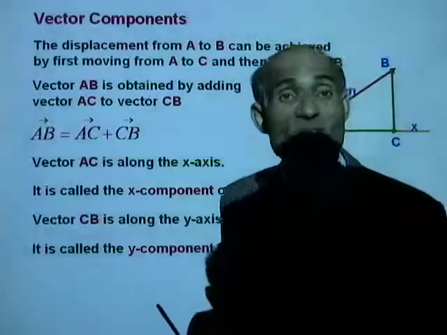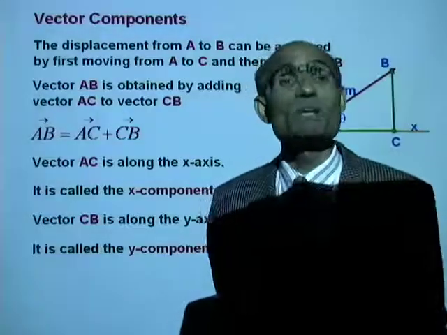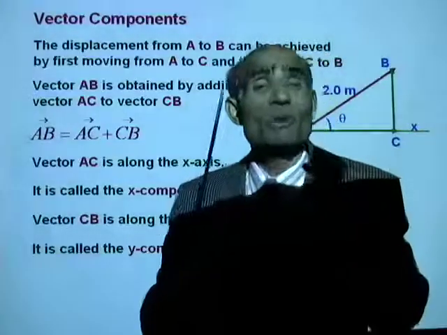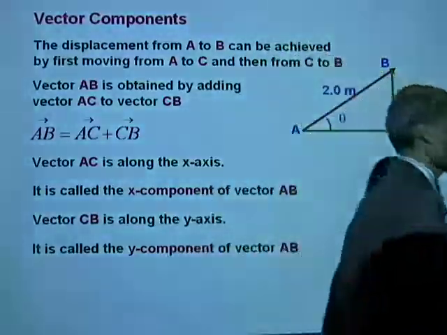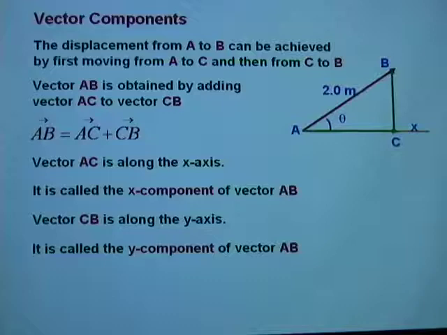Any given vector can be broken into an x component and a y component. For example, if I have a vector like this, look at that. If I have a vector like that, this is the x-axis.